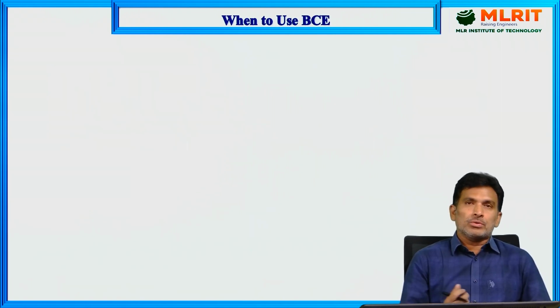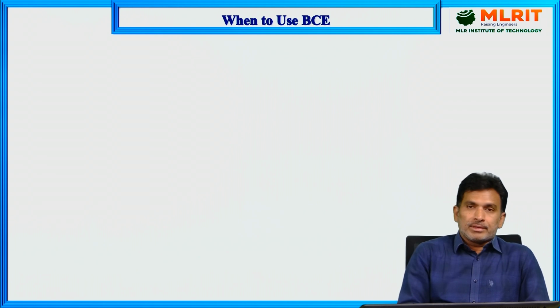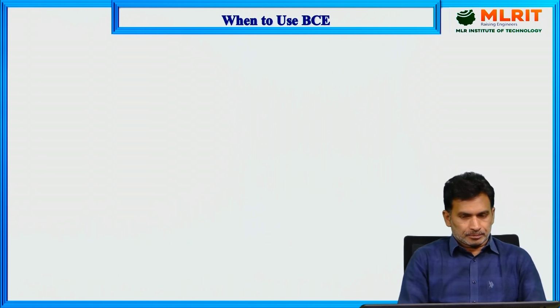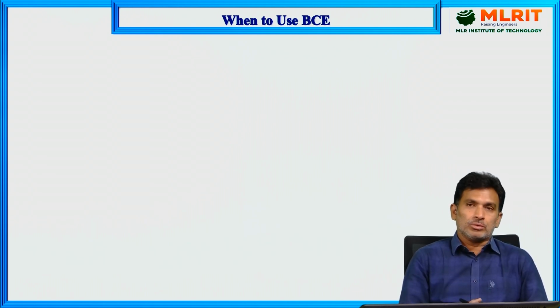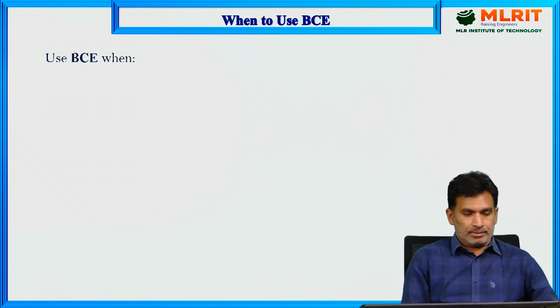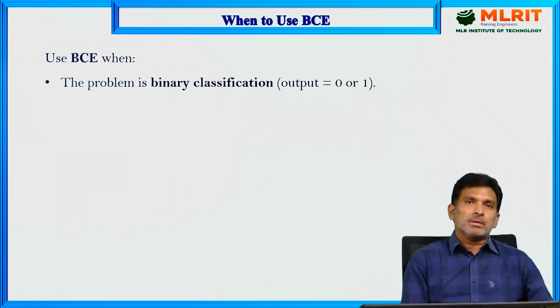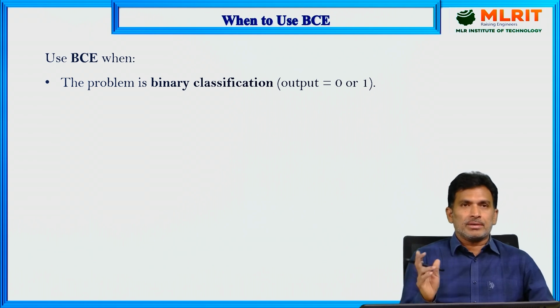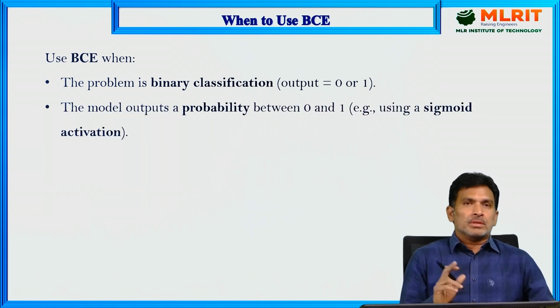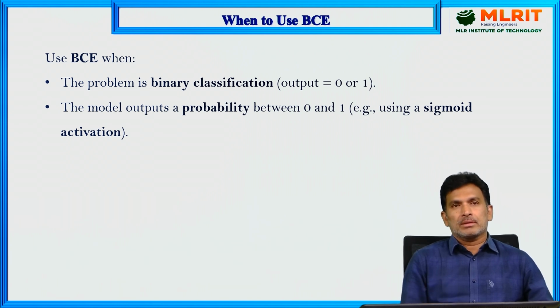So when should we use binary cross entropy, and when should we avoid it? We use binary cross entropy when the problem is a binary classification, that means the target label is either 0 or 1, and the model outputs a probability between 0 and 1, for example using the sigmoid activation function.